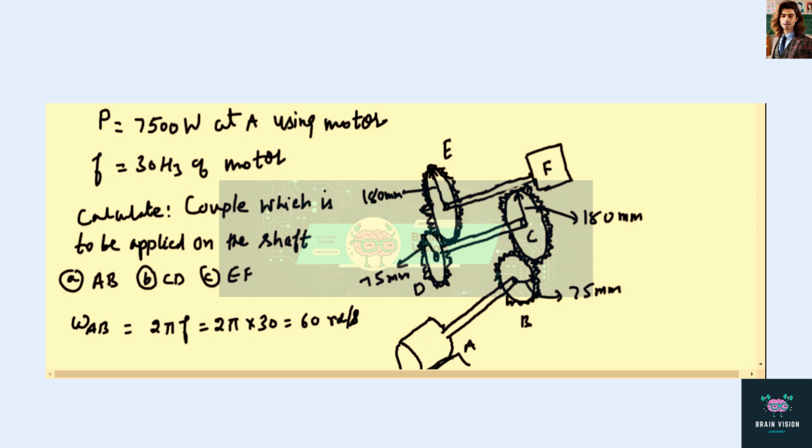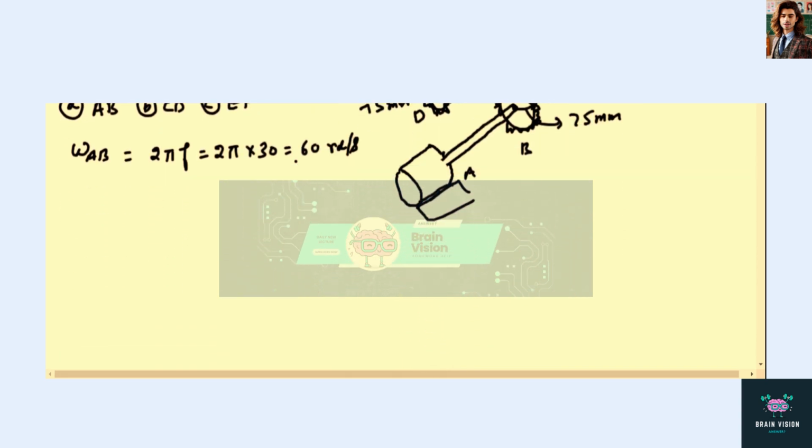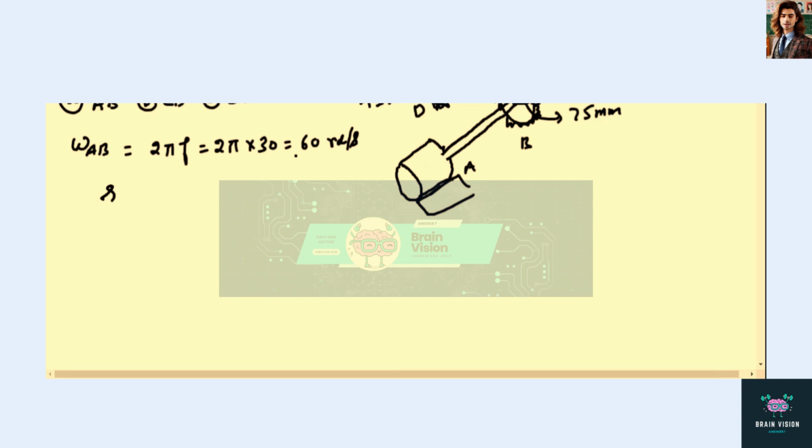Radius of the gears B and C, as you know, is given in the diagram. Radius of B is equal to 75 mm and that of C is 180 mm. So R_B omega_AB must be equal to R_C omega_CD.